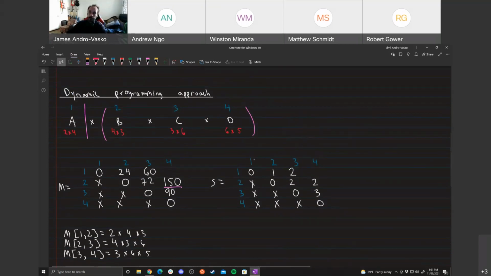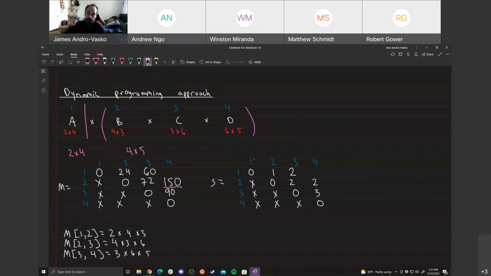So now we have the following scenario. A is going to be a 2 by 4 matrix. And B times C times D, this is going to give us a 4 by 5 matrix.